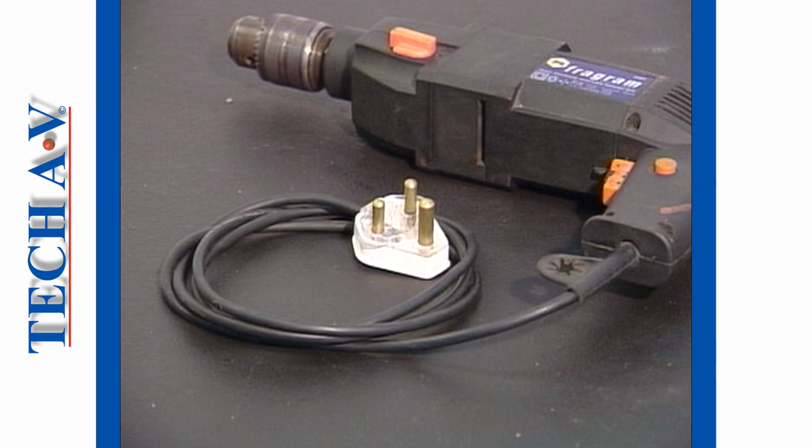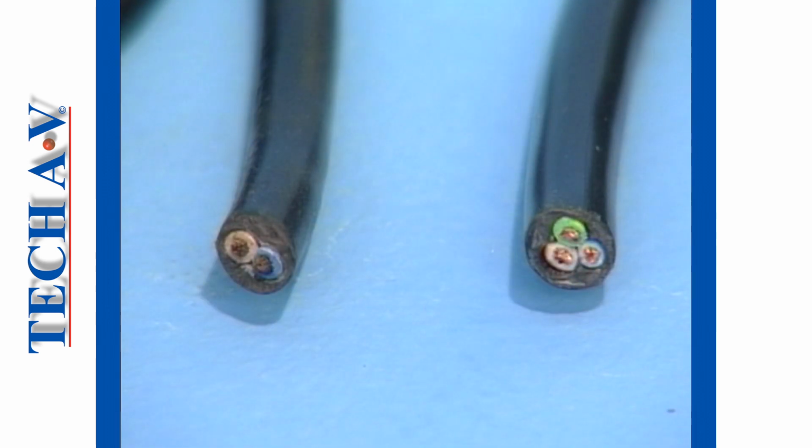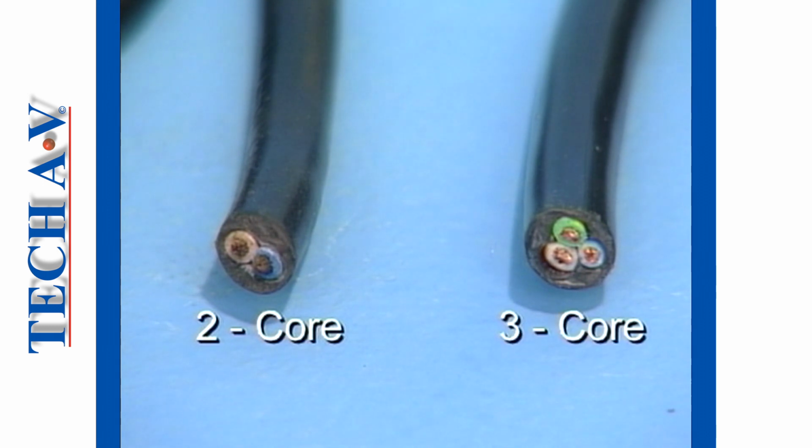Electrical power tools are most commonly connected to a cable type known as cab tire. This cable is very flexible and can withstand much bending. In single-phase applications, you will come across 2-core cables and 3-core cables.